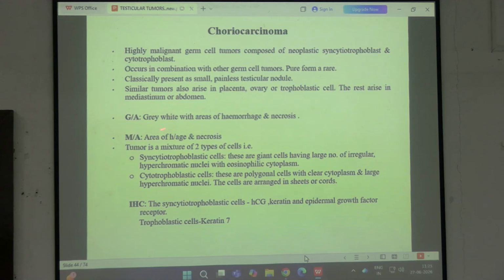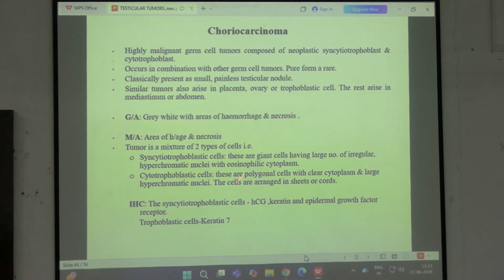What are the cells that are present? The tumor cells are a mixture of two types of cells, syncytiotrophoblasts and cytotrophoblasts. Syncytiotrophoblasts are giant cells having a large number of irregular hyperchromatic nuclei and eosinophilic cytoplasm. We know that giant cells have many nuclei.